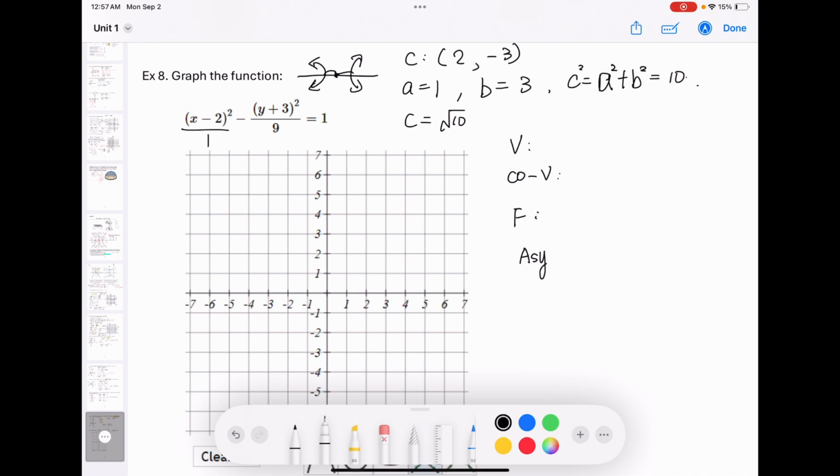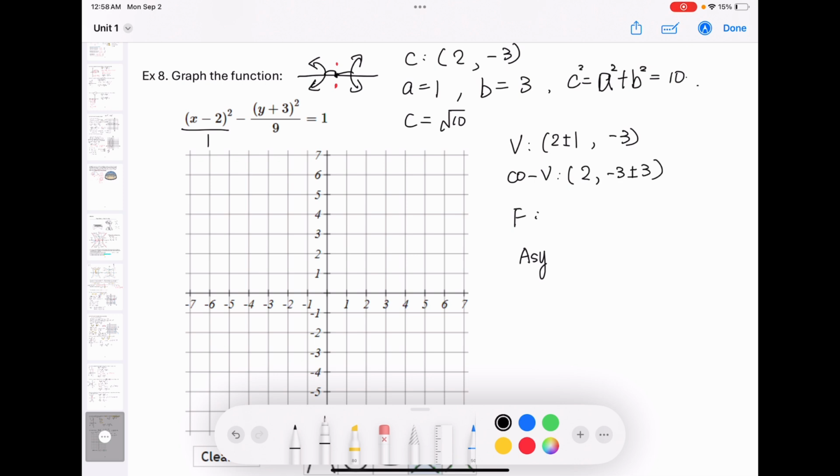So vertices and the center have the same y value. Let's copy the y, negative 3. And based on the 2, plus or minus 1, which is my a value. And the co-vertices, that are the 2 points here and here, have the same x value as my center. So I can copy my x, which is 2. And then based on the negative 3, we plus or minus b.